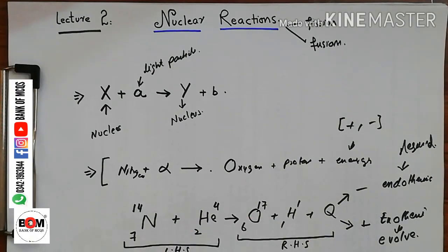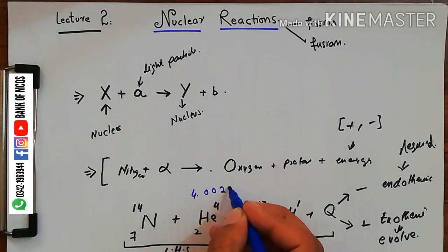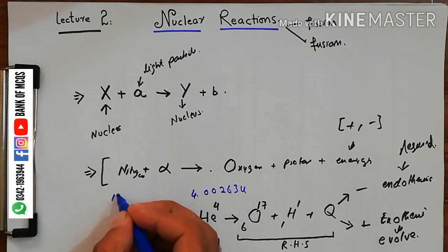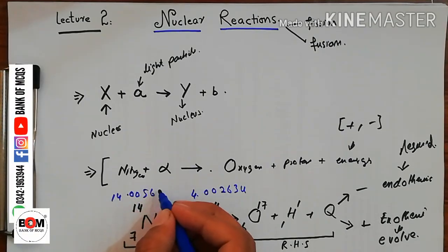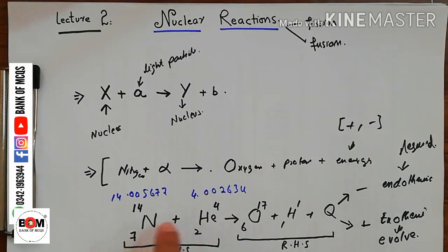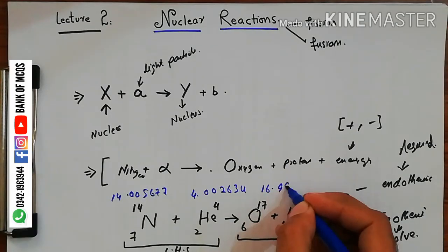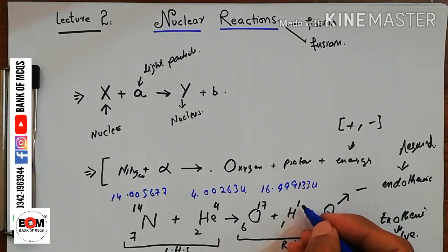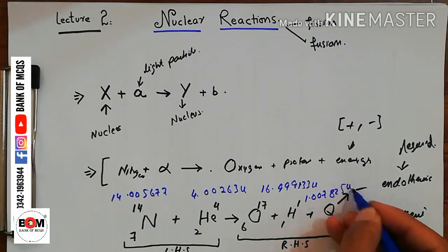For example, if we measure the masses, the mass of the alpha particle is 4.00263 u. Next is the mass of nitrogen; you don't need to remember this, it is just for proof. This is the mass of helium, this is the mass of nitrogen. Now the mass of oxygen is 16.999133 u and the mass of proton is 1.007825 u.